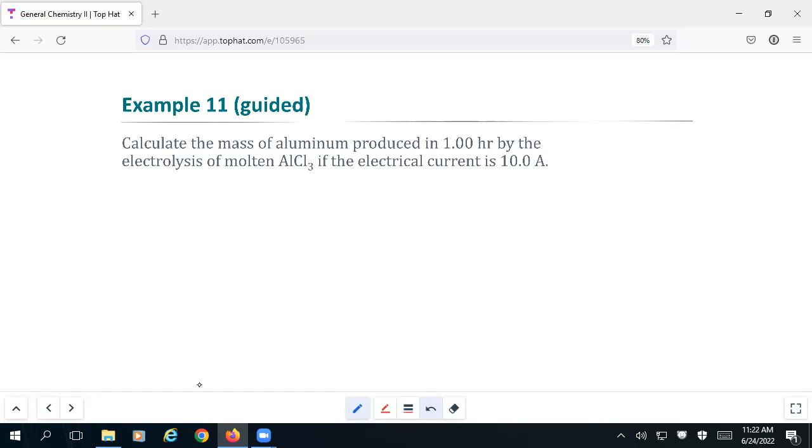The reduction potential of aluminum is more negative than the reduction potential of water. So if I did this in solution, all I'd get was a bunch of hydrogen instead of the aluminum. So it has to be done in aluminum chloride because of that competing reaction with water.